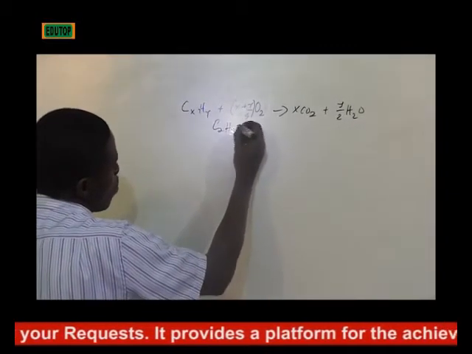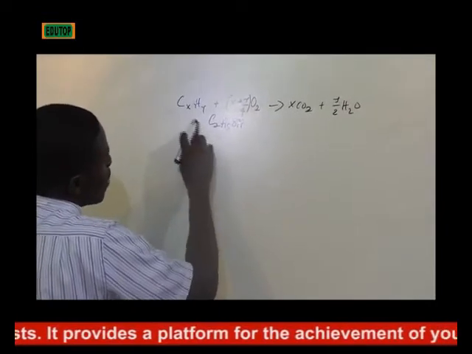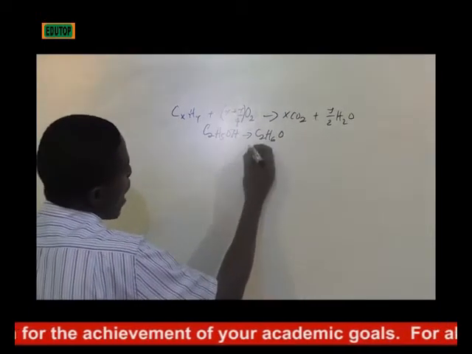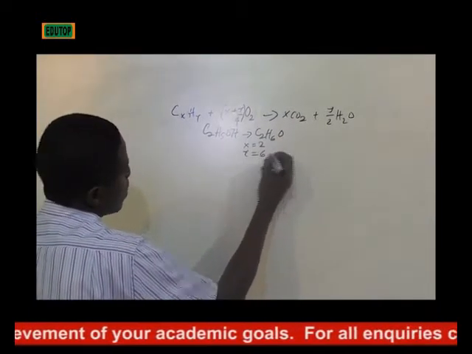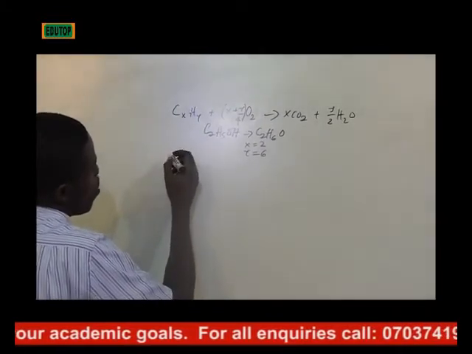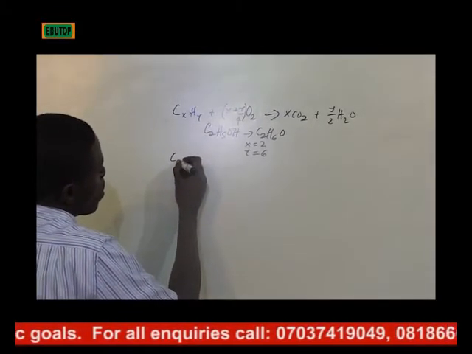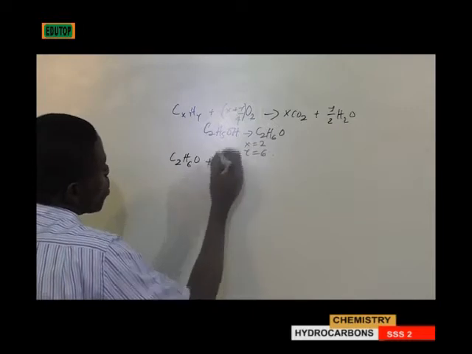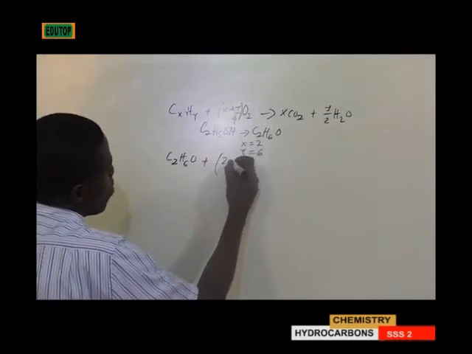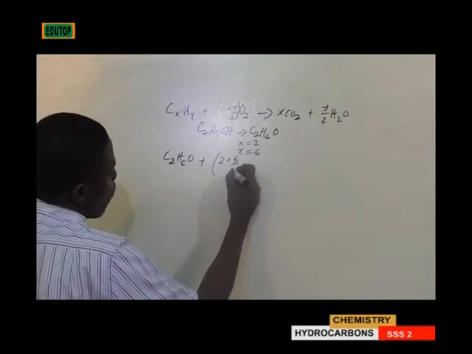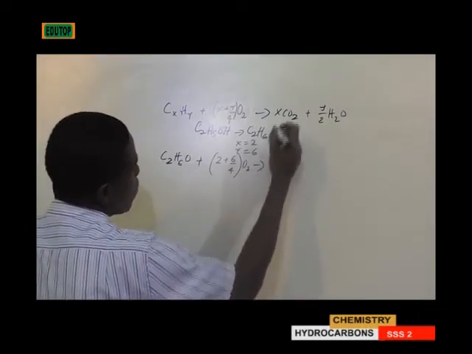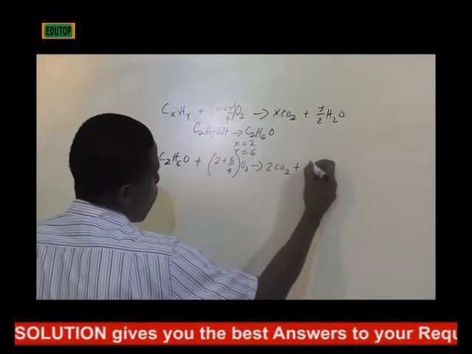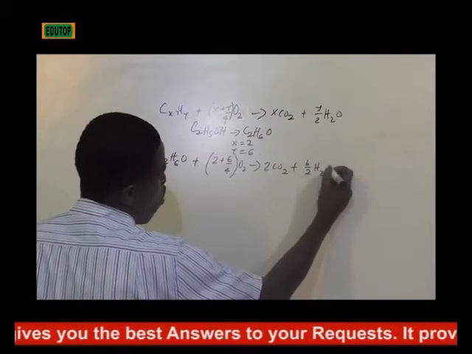as a typical example. Ethanol is C2H6O, where x is 2 and y is 6. So the combustion formula of ethanol will be C2H6O plus (2 + 6/4) O2 to give 2CO2, because x is 2, plus 6/2 H2O.